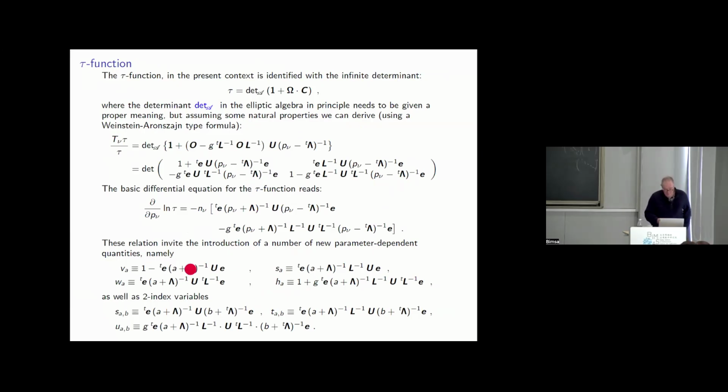So we have quantities like this with a single label. I label these quantities by the parameter. And then we have double labeled quantities as well. So there's a whole structure here that can be set up, which is rather complicated.